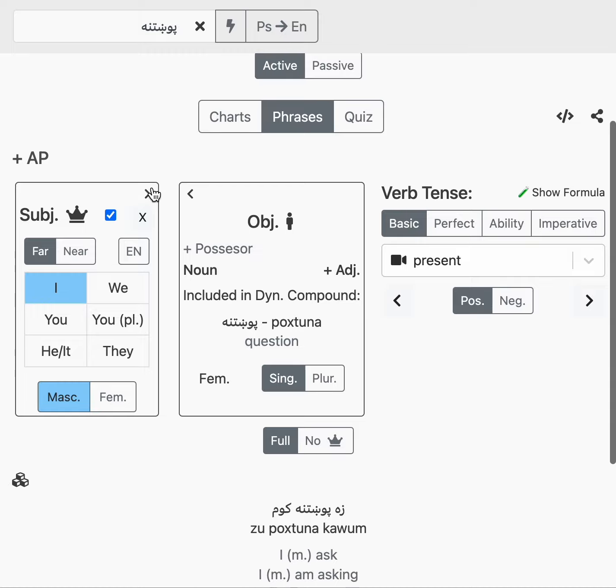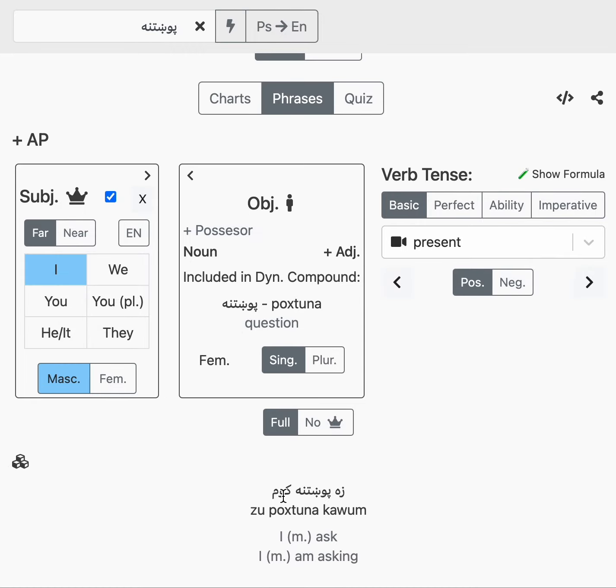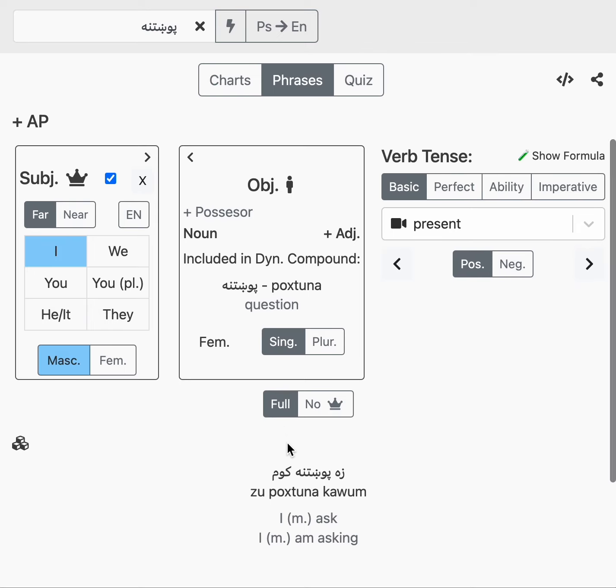So in English we would say I ask you, right? I'm asking you, but we can't bring another object in Pashto. So you have to say something like z latana pochtana kawam. I'm asking from you. So whenever you add another thing in the sentence, it has to be brought in by a preposition. You can't add a second object in. That's the only object that you can have in the sentence.